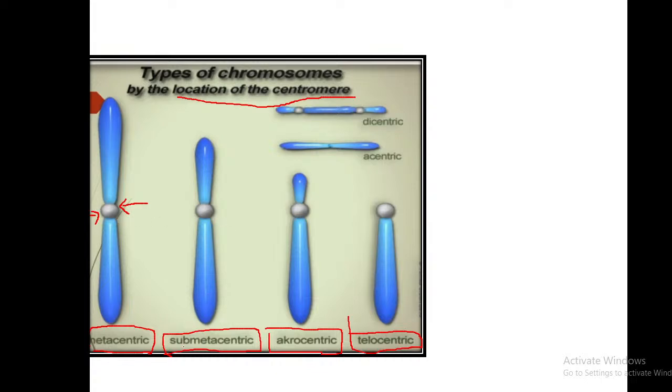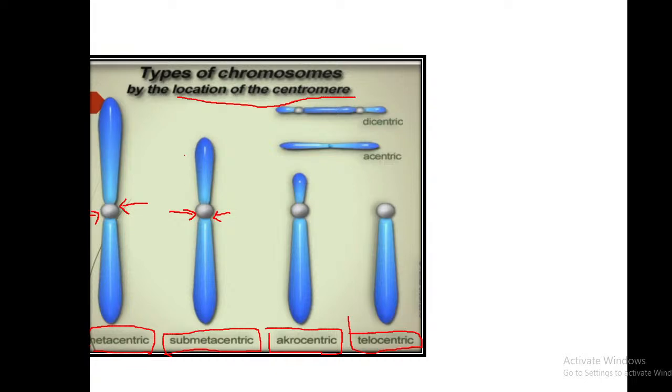Then submeta. Sub means a little below or a little above, that is submetacentric. Here it is shown a little above. See the length difference. Submetacentric means the centromere is located away from the center towards one end.